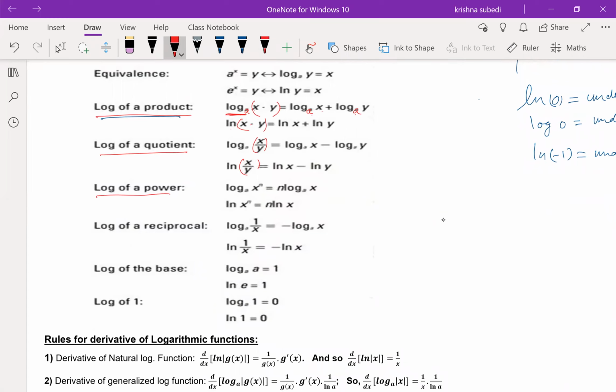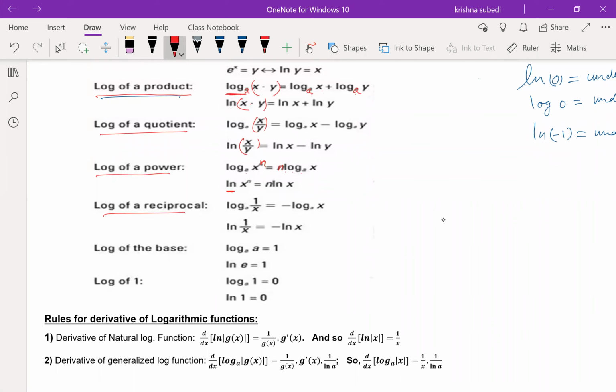Log of a power. If we have log to the base a of x^n, the power is there, then you can write n here, n times log to the base a of x. Same with natural logarithm. Okay, and the log of a reciprocal rule. If you have log of 1 over x, we can write that as log to the base a of x to the power -1, because 1 over x is x to the power -1.